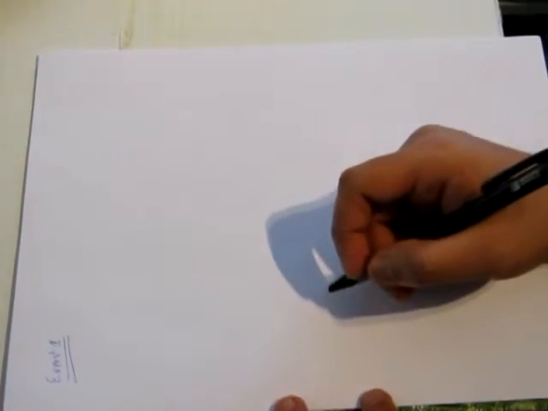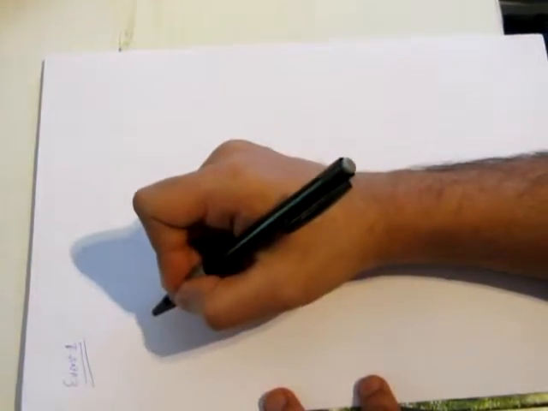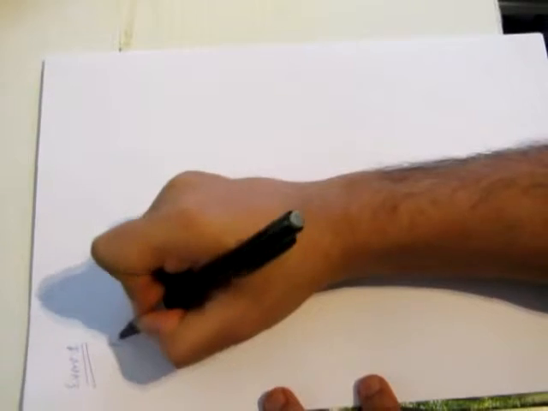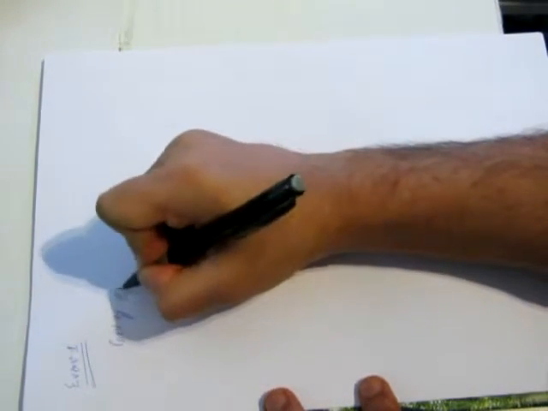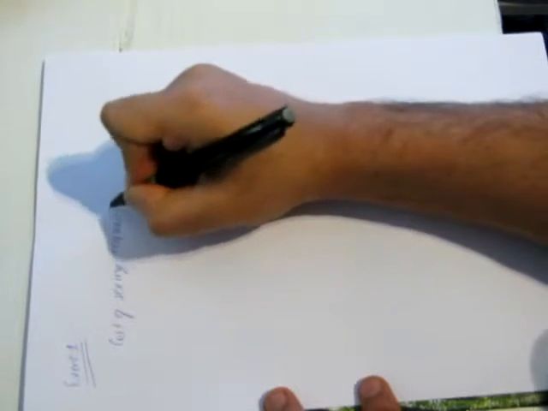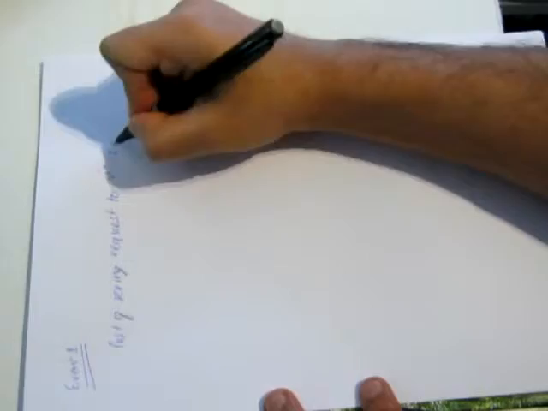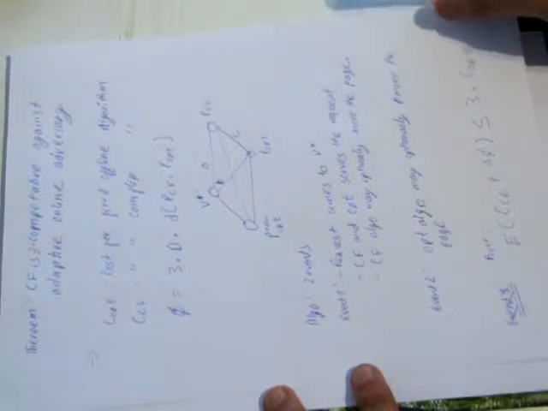So we make some suppositions here. Say the cost of serving the request to V asterisk is A, because as we said, in this event a request comes to V asterisk.